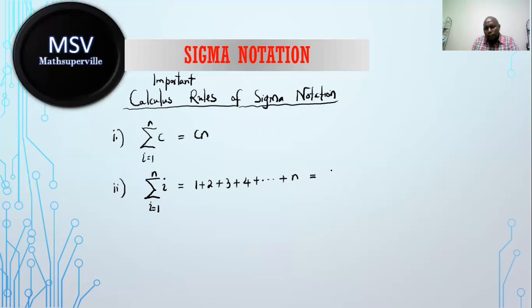This is given as n times n plus 1 divided by 2.